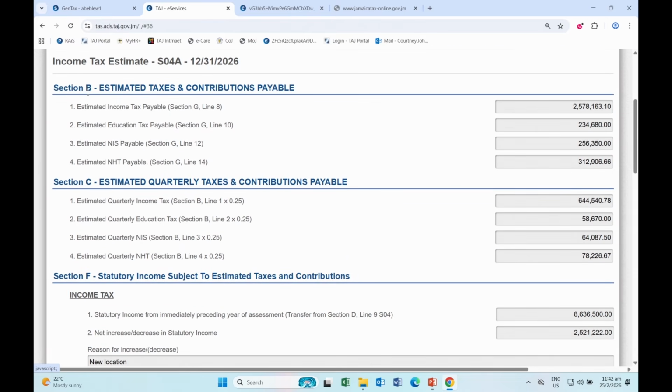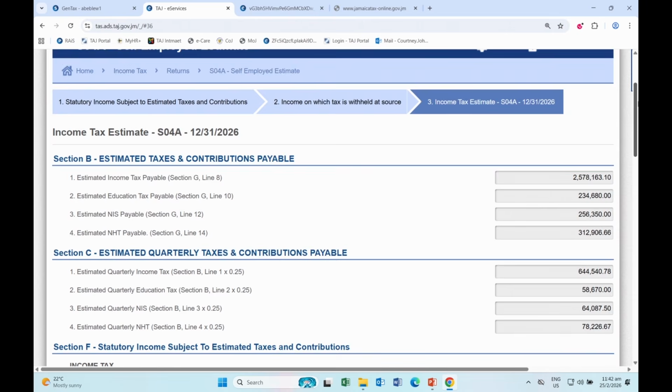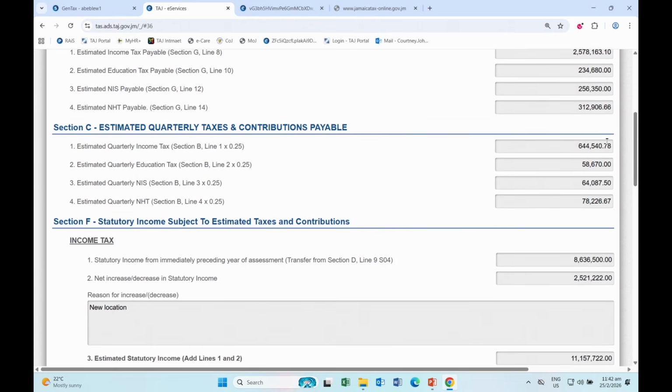So in section B, it shows the estimate for the year. This is the amount that is going to be required for the person to pay for the year. But of course, we don't ask you to pay all of it at once when you're doing it based on the estimate. You pay it on a quarterly basis.